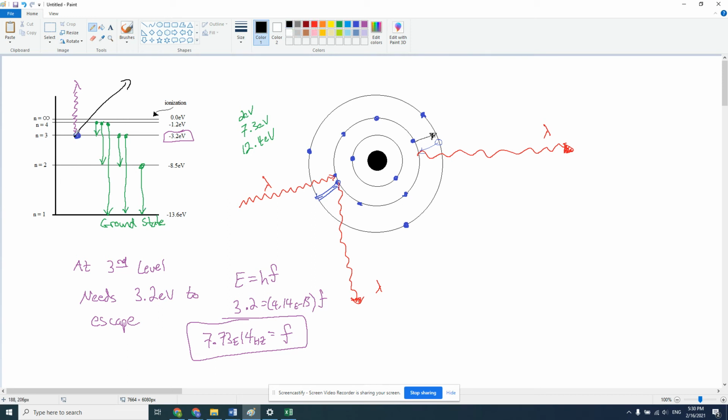Notice something here. 1, 2, 3, 4, 5, 6. There are 6 drops possible. That means this particular element would only be capable of emitting 6 unique frequencies of light.